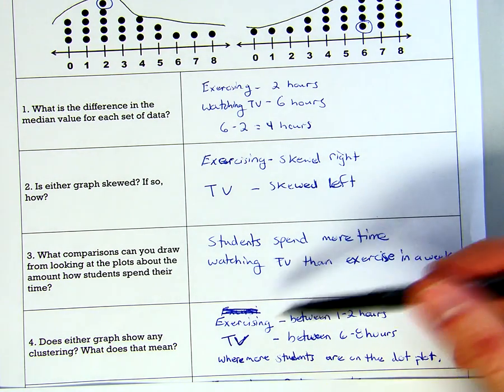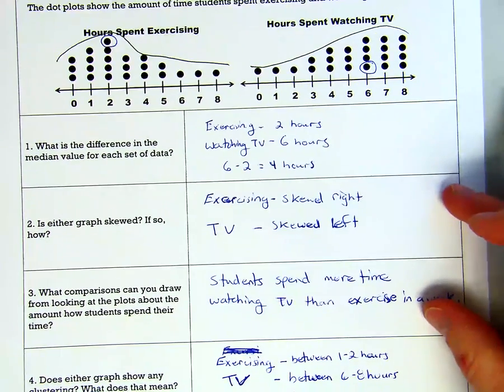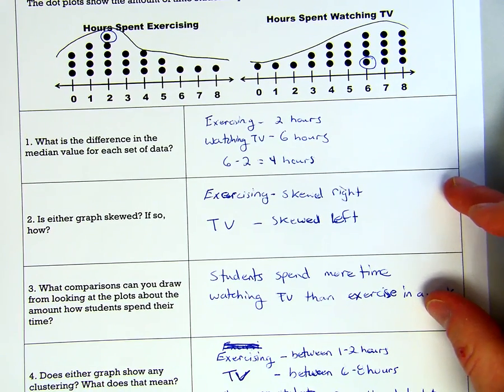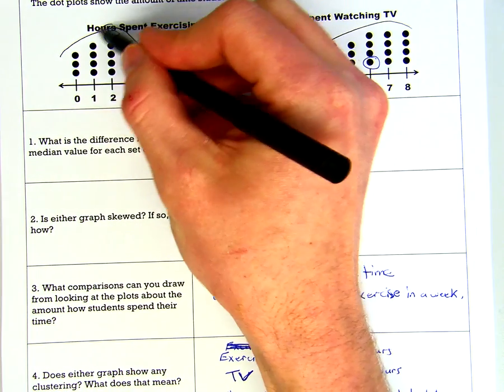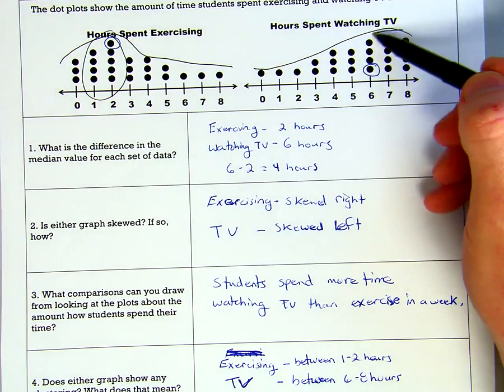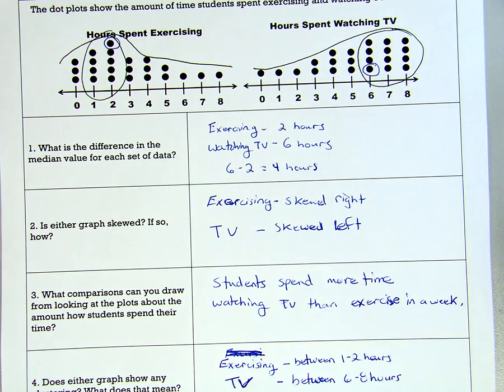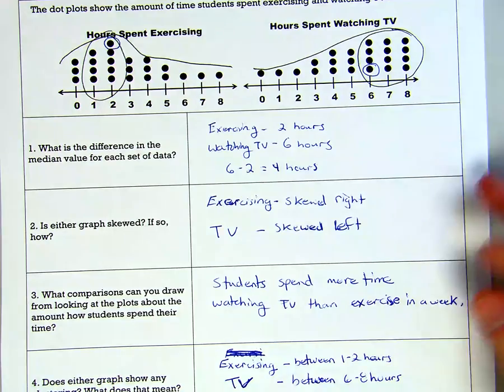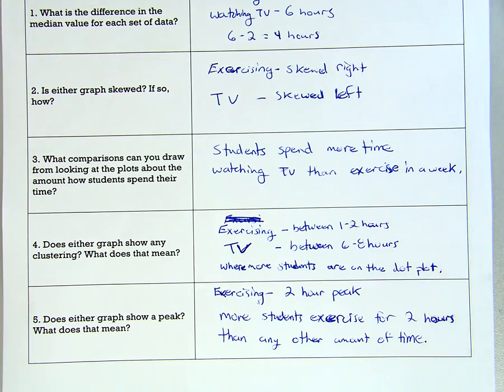Number 4, does each graph show any clustering? Exercising, you should see a little bit of clustering between the 1 and 2 hours here. And then for watching TV, we should see the clustering between that 6 and that 8. That's when the majority of our students are. And number 5, does either graph show a peak?